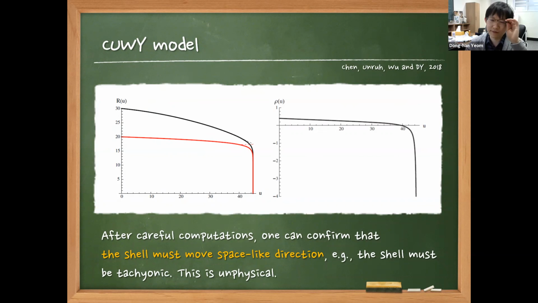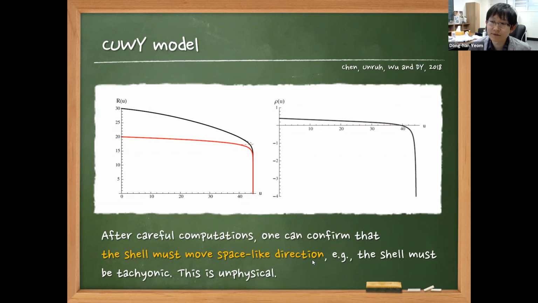If any object moves from time-like to the space-like direction, then we call it a tachyonic object, and a tachyonic object moves in an acausal way. If any physical object moves in an acausal way, then we may say that it is completely wrong. So this conclusion is very unphysical.